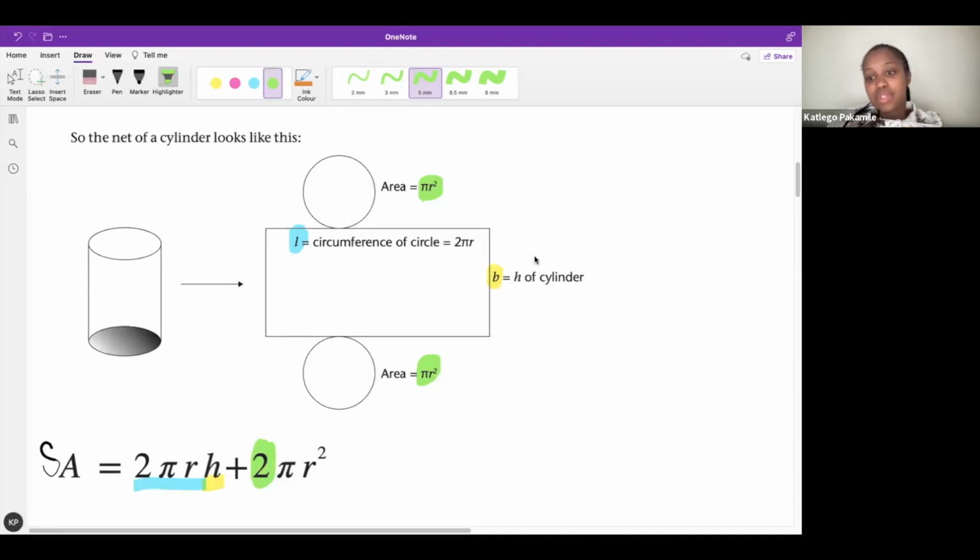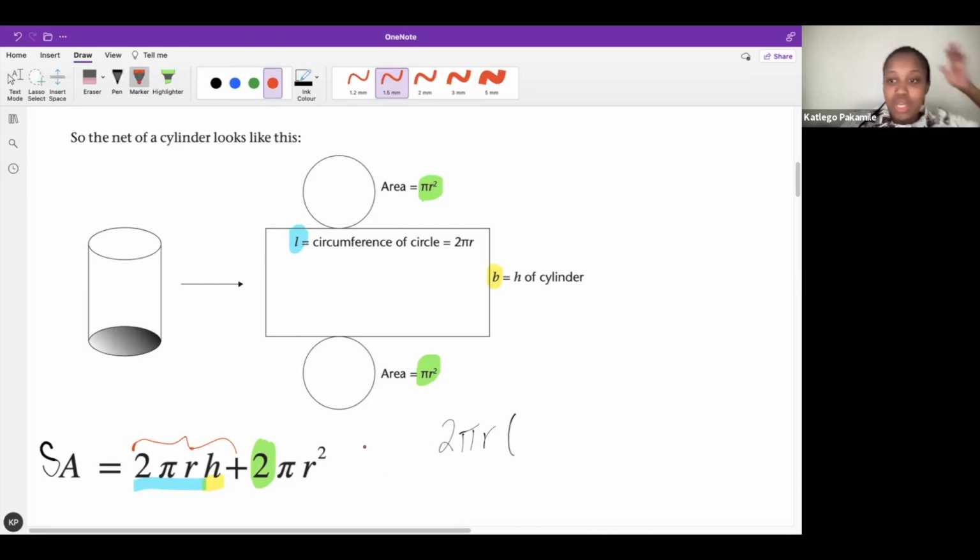Tammy, someone in the other class said that as well. I want you to look carefully. What do these both have in common? They have a 2, a pi, and a radius. If you take them out as a common factor, in my first part of the sum, what will be left once you take out 2 pi radius?